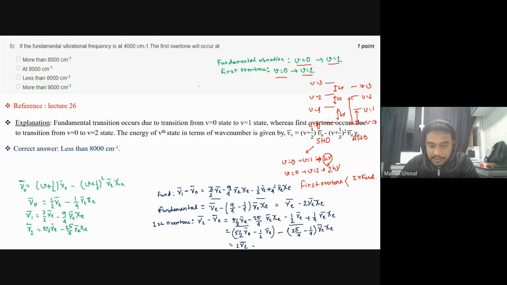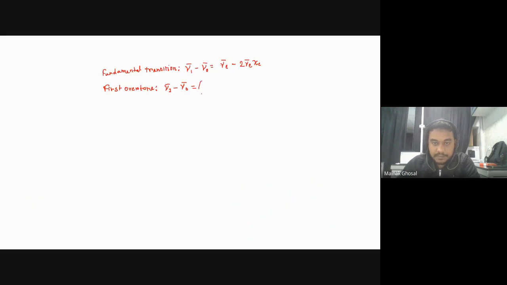Just calculate it. 5 by 2 nu e bar minus 1 by 2 nu e bar minus 25 by 4 minus 1 by 4 nu e bar chi e. Now what should be the value of 5 by 2 minus 1 by 2? 5 by 2 minus 1 by 2 will be 4 by 2, and 4 by 2 means 2.